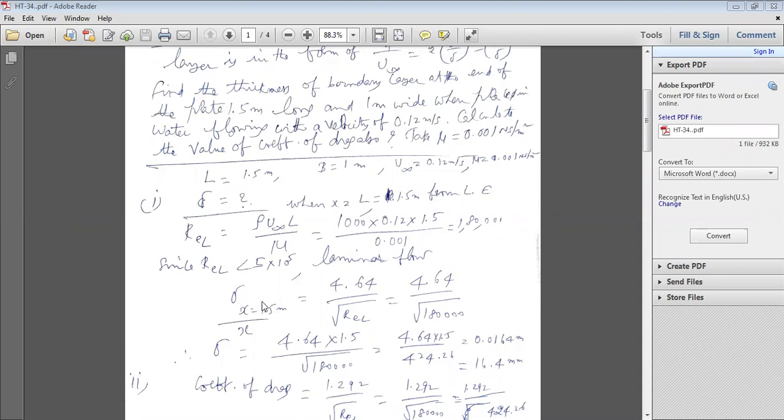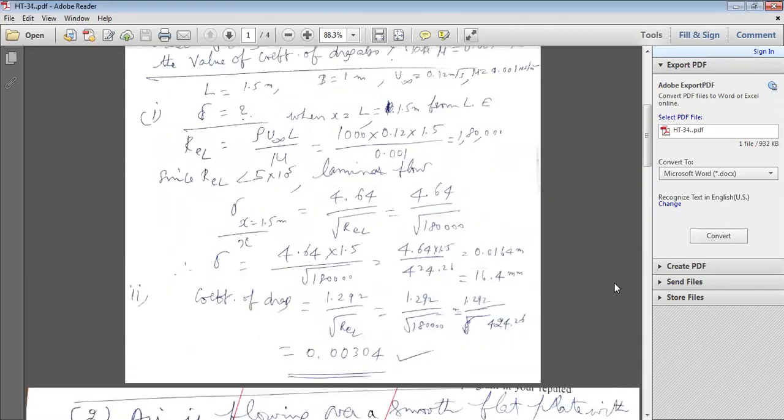The boundary layer thickness delta at the end of the plate, that is x is equal to L, 1.5 meters. So delta at x is equal to 1.5 meters is 4.64 divided by square root of Re_L, which is 1,80,000.